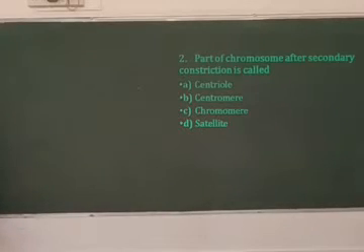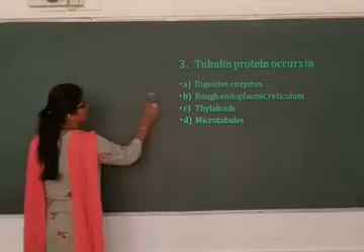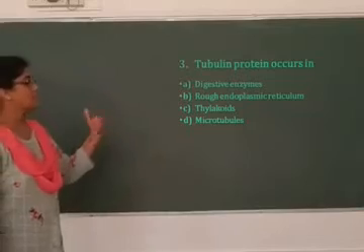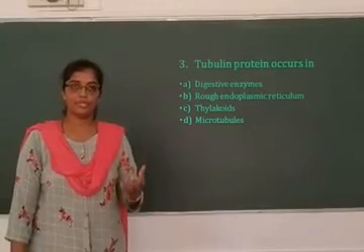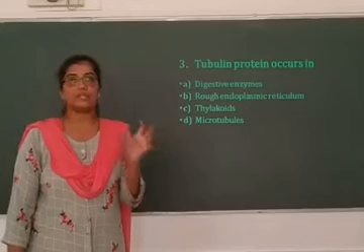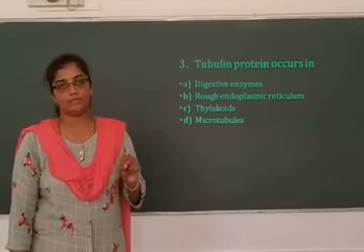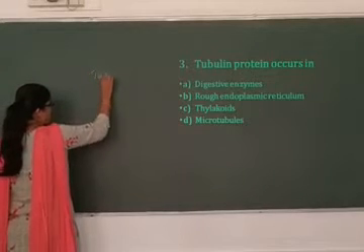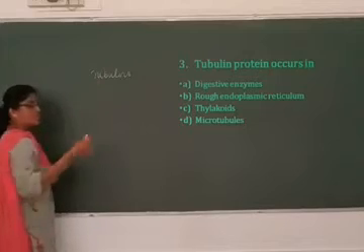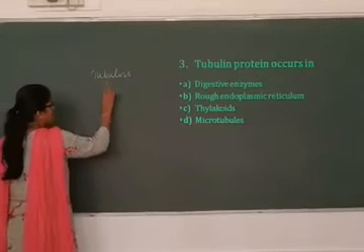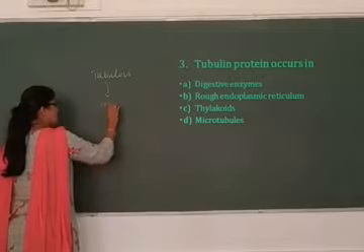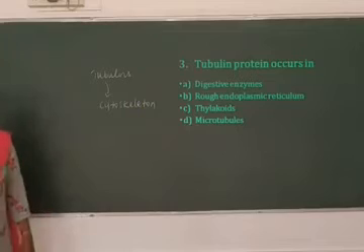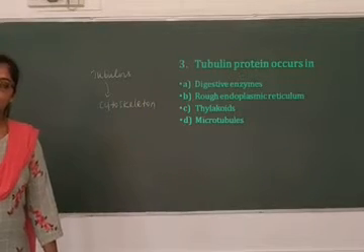Then the next slide. Tubulin proteins occur in. Tubulins are a group of proteins, and the question is where exactly they occur. Usually, tubulin proteins form a network-like structure called microtubules, and these are usually present in the cytoskeleton.